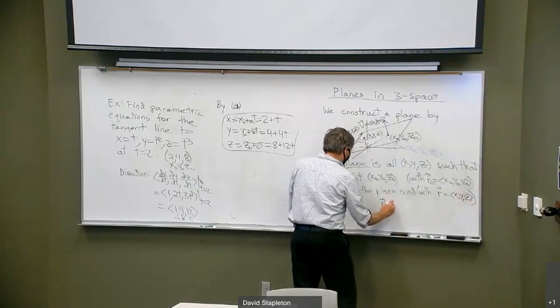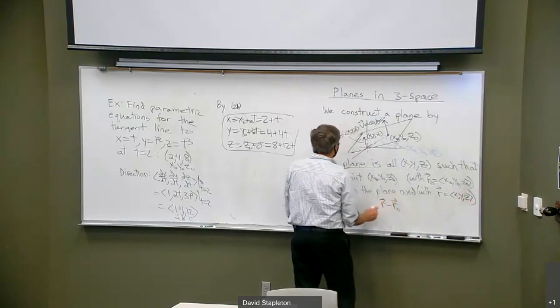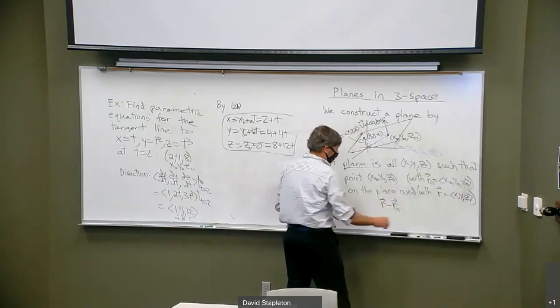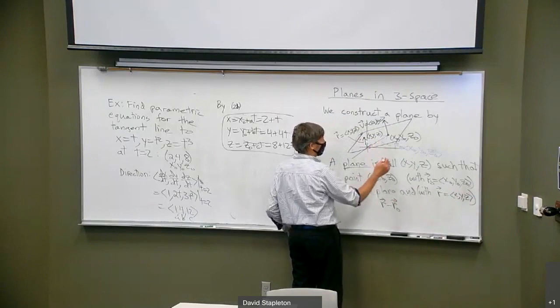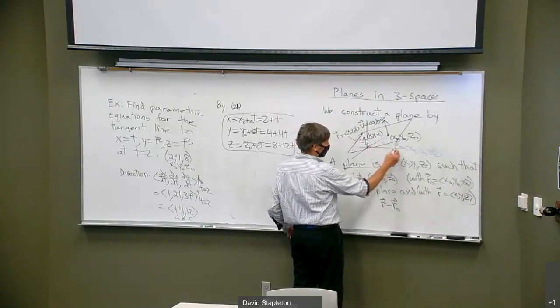r minus r0. What vector is that? That's the vector from the end of r0 to r, remember, right? It's the vector that goes between the endpoints. And I should have called this r0 over here.